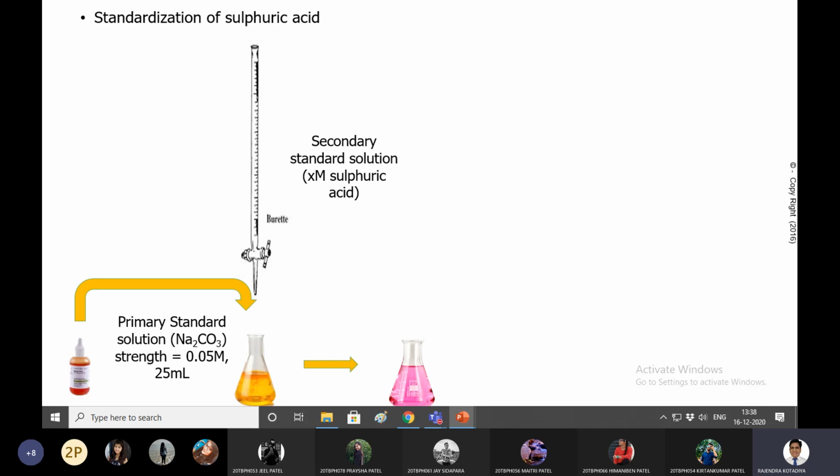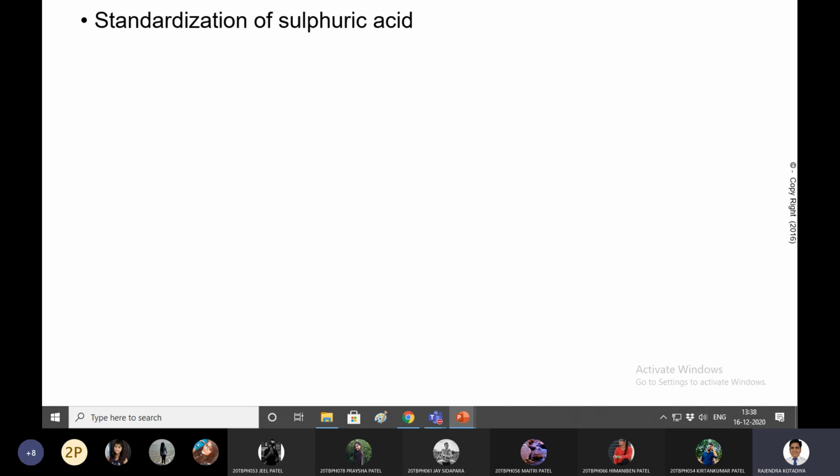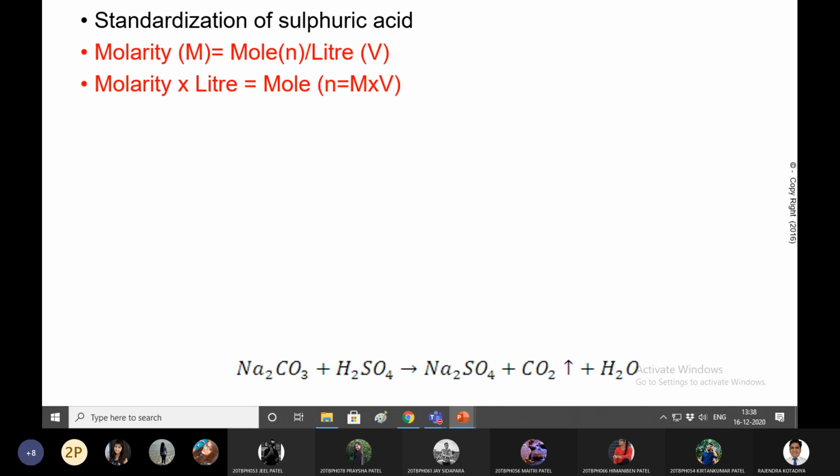Okay, now we need to do some calculation part. For that we are supposed to know the reaction between sodium carbonate and sulfuric acid. What idea do you get from this reaction between sodium carbonate and H2SO4?